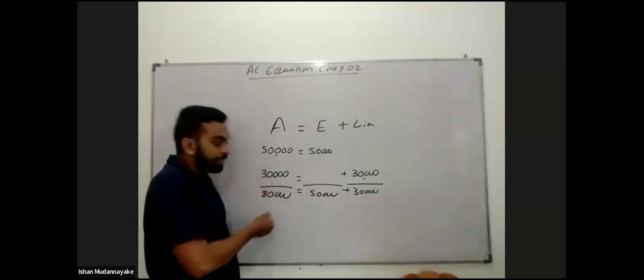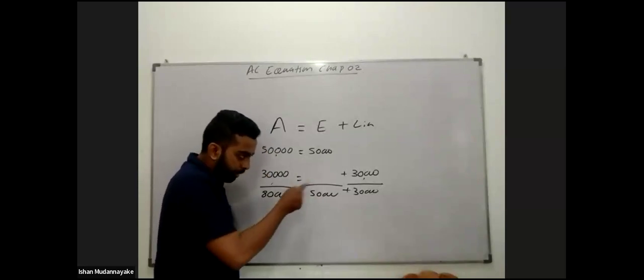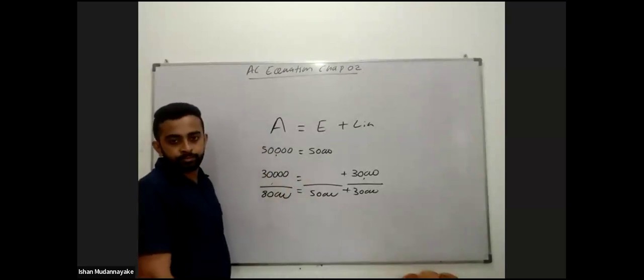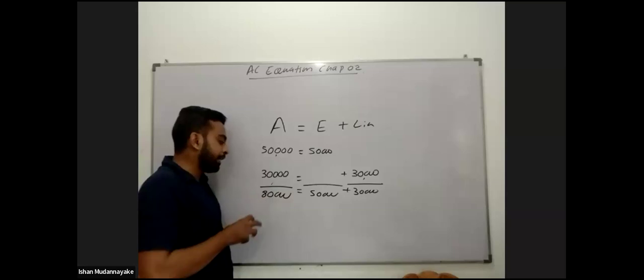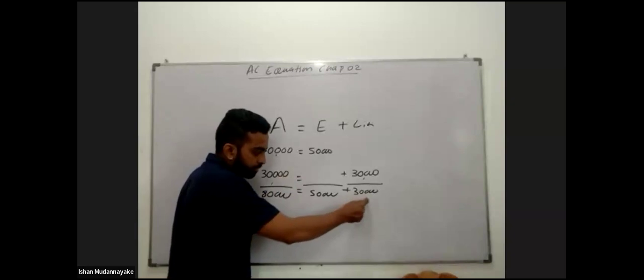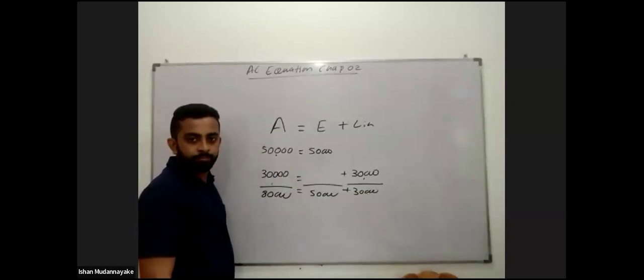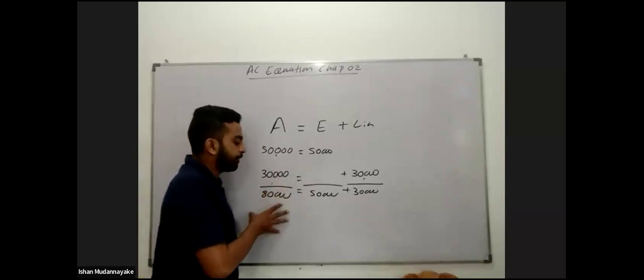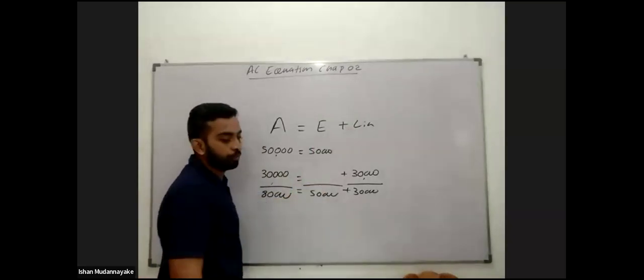To create these total assets, the owner provided 50,000 and the bank provided 30,000. So the owners of this 80,000 are Manisha and Sampath Bank. Through the accounting equation, we can identify assets of the business and owners of those assets.